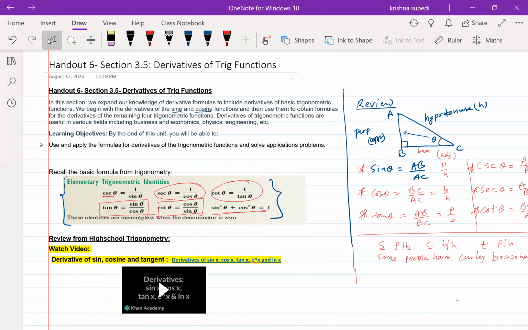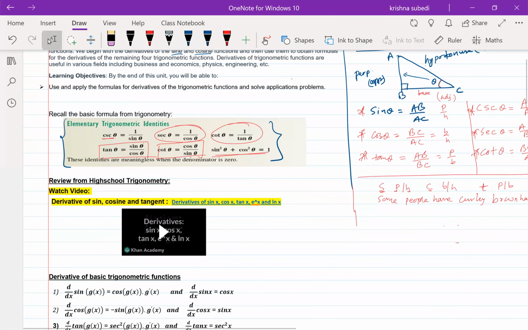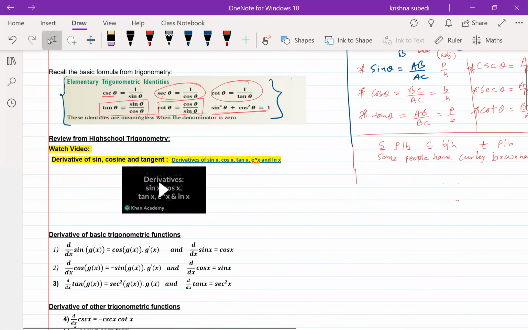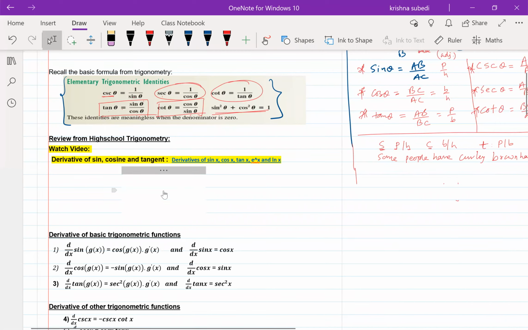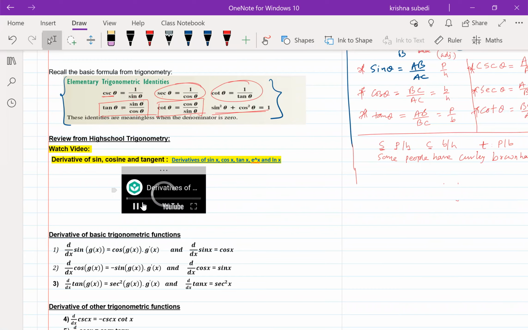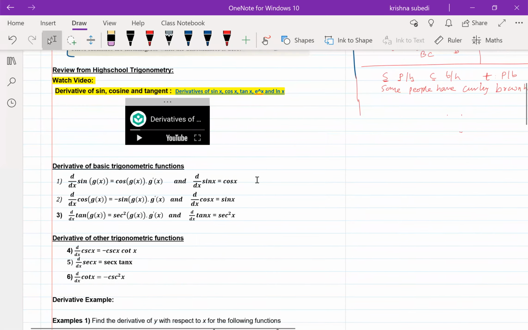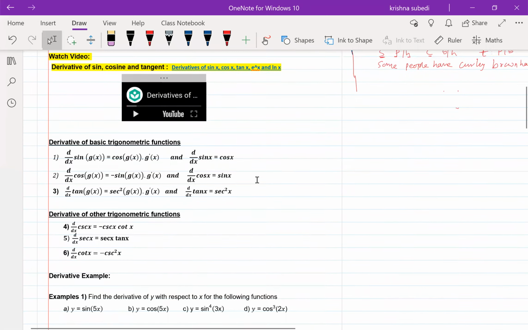And now we are ready to find the derivative of these functions. Okay, so here are the formulas.